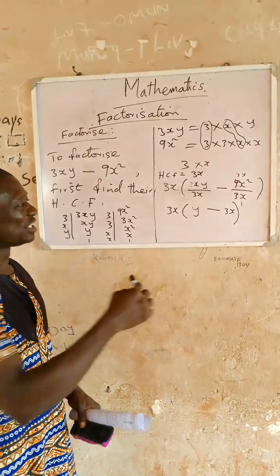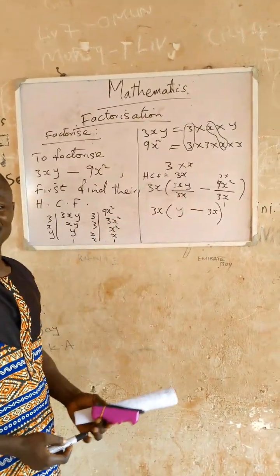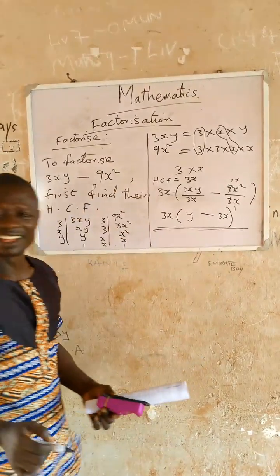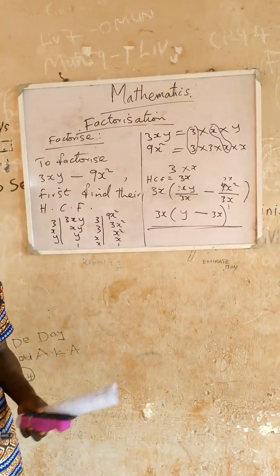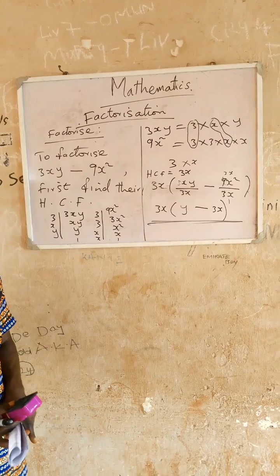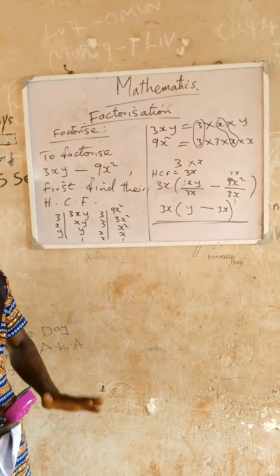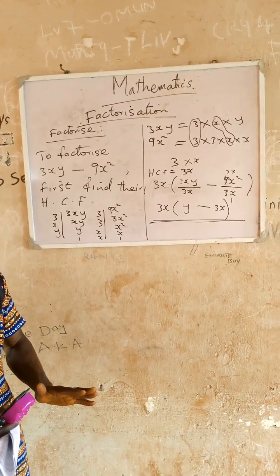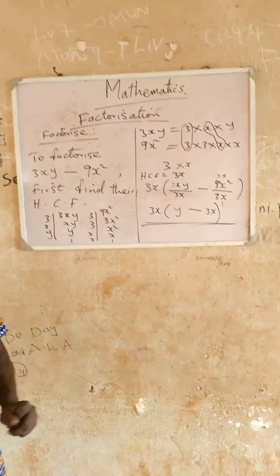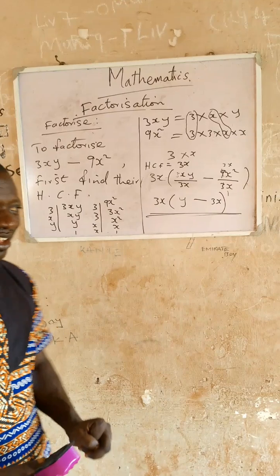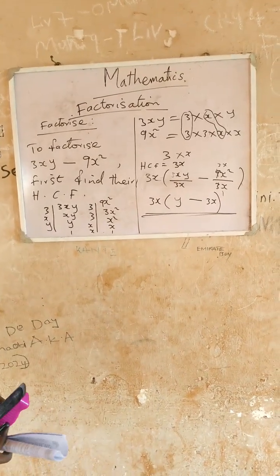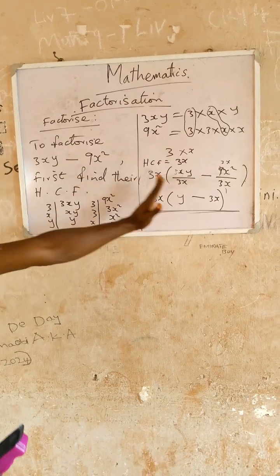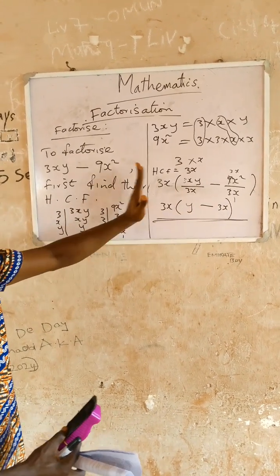And then we are using that 3x to factorize. This is the last answer to the question. Do you understand that? Yes. Very good. Who doesn't understand? This side. Okay, you need to understand this side, yeah?